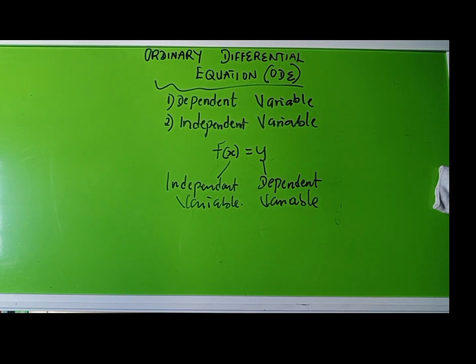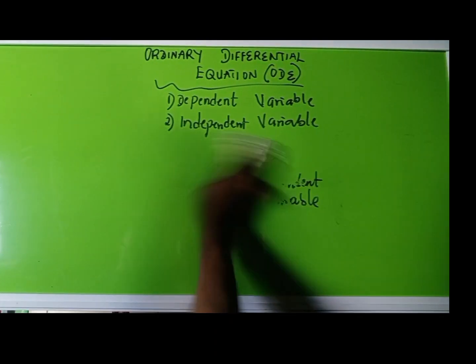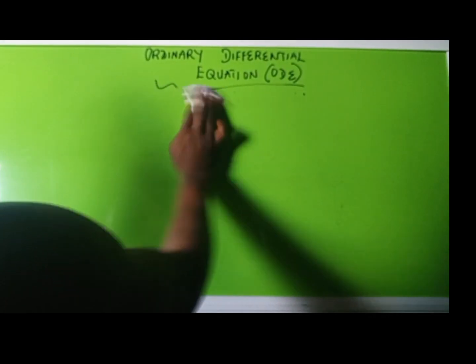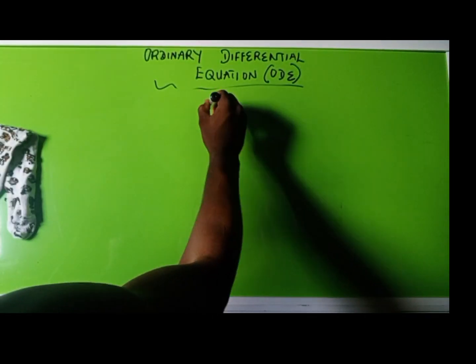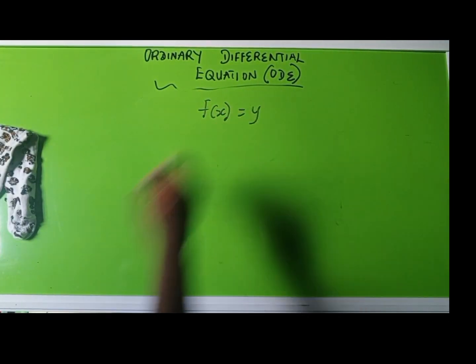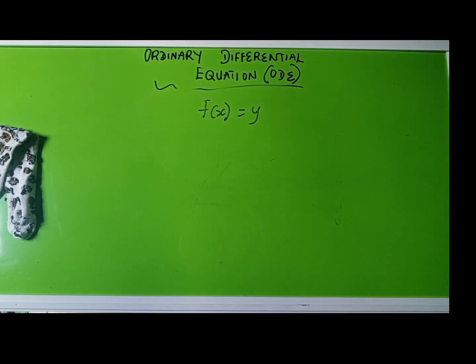Now, if we are given a function like this and they say, since you are given this function, differentiate the function, then classify the dependent and independent variable, what do you do? Let's take that example. If you are given a function f of x is equal to y, and we are asked to classify with the derivative your dependent variable and your independent variable, what you do is differentiate the function.